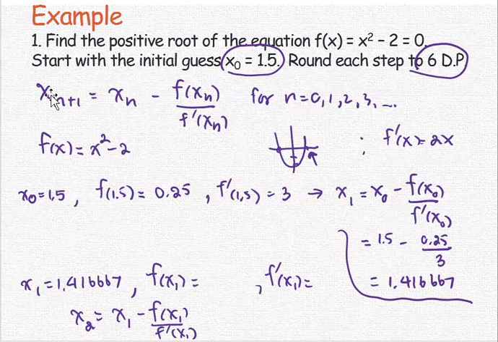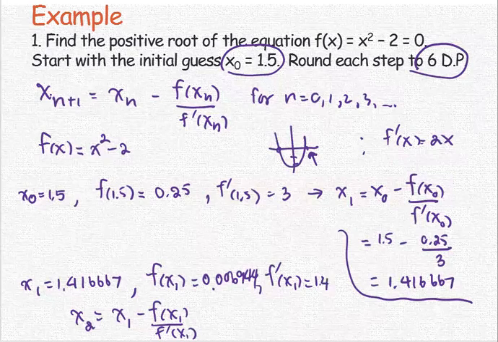So the function value at 1.416667 is 0.006944, and the first derivative is 2.833333.